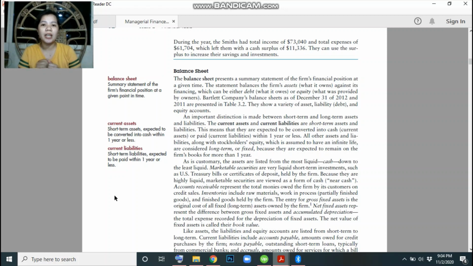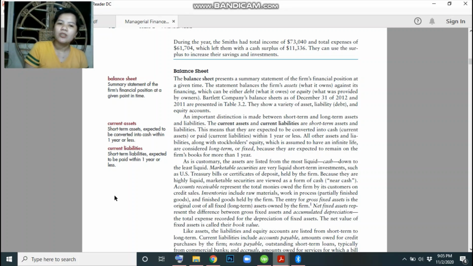Si balance sheet, ginapakita niya ang financial position sa isa ka organization from pagsugod niya hangtod ana nga year kung kanusa siya naghimo og balance sheet. So for example, si Barley naghimo siya balance sheet on December 31, 2011. So kanang information nga makita nimo sa December 31, 2011 nga balance sheet, mao na siya ang total from pagsugod ni Barley hangtod sa December 31, 2012. Okay? So, cumulative na siya.